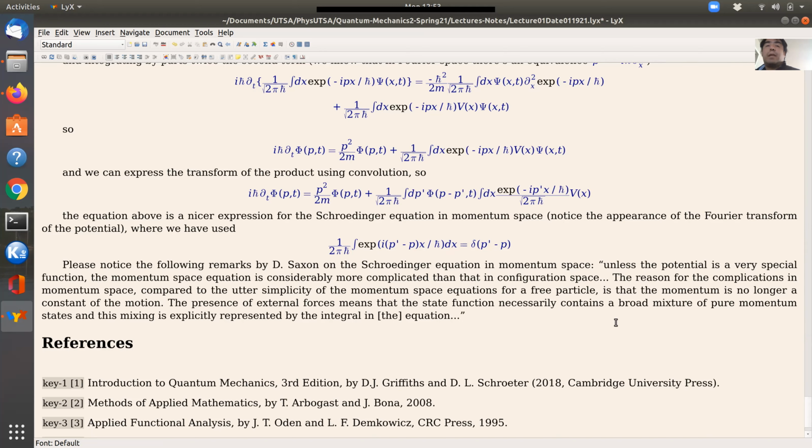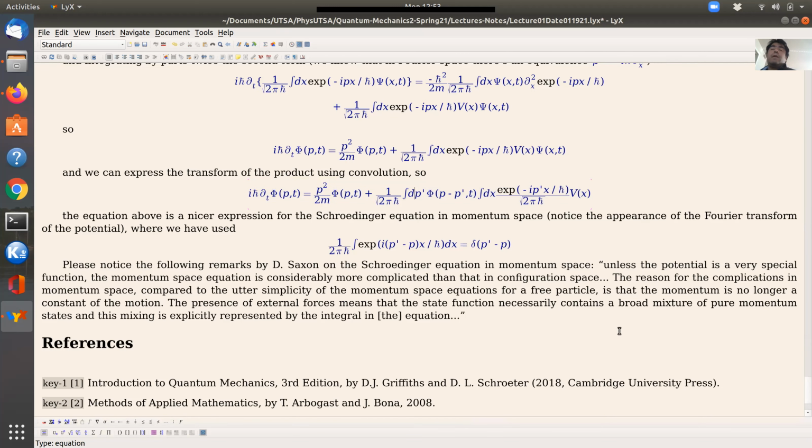The reason for that complication, compared to the simplicity of the momentum space equations for a free particle, is that with a potential the momentum is no longer a constant of motion. So you have external forces and the state function will contain a broad mixture of pure momentum states. And this mixing is represented by the integral in the equation.